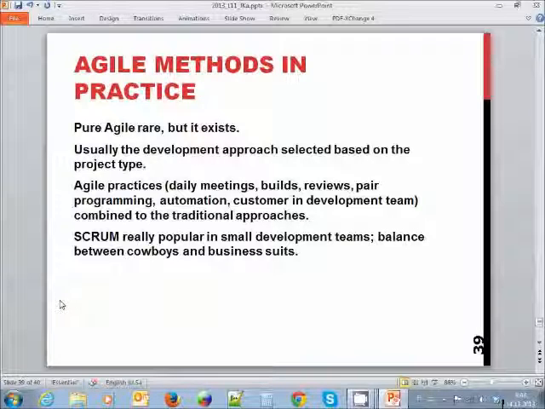And Scrum especially is really popular in small development. It's the balance between giving the developers freedom to express themselves and having a control structure where we can sell our work, control our work, and measure our progress that Scrum really supports.